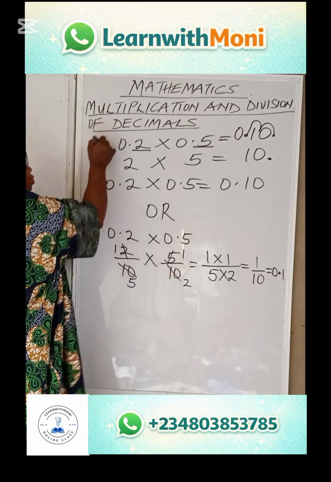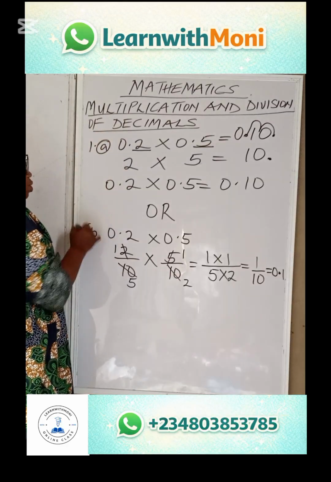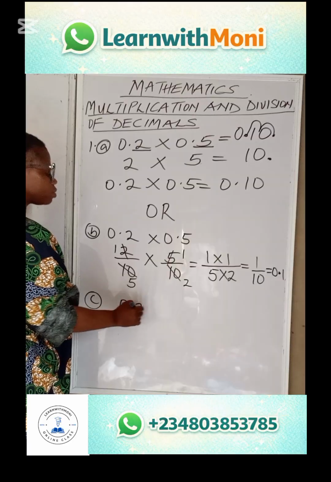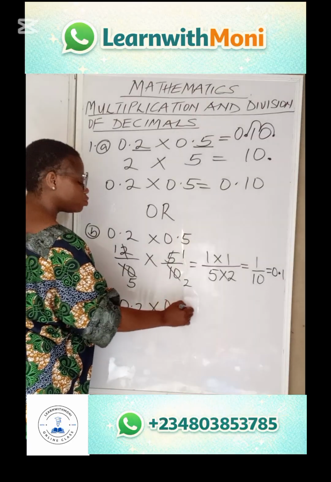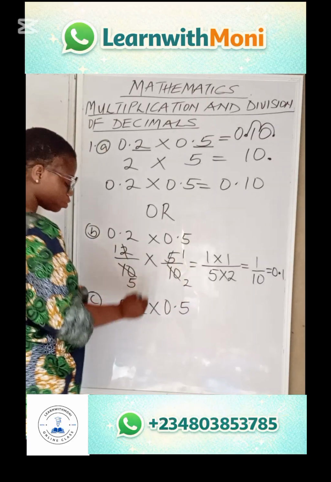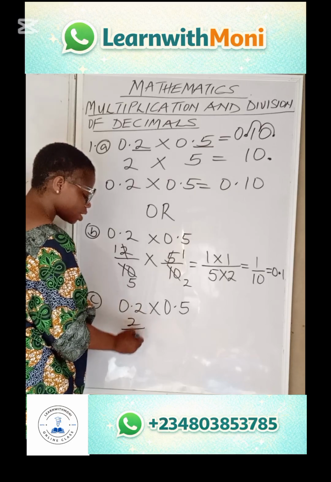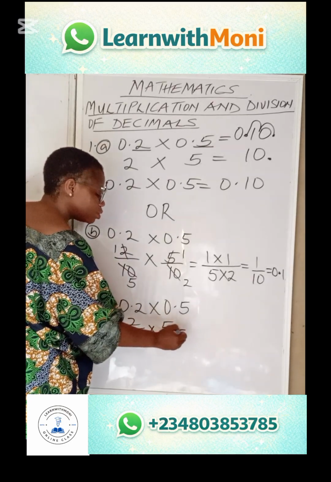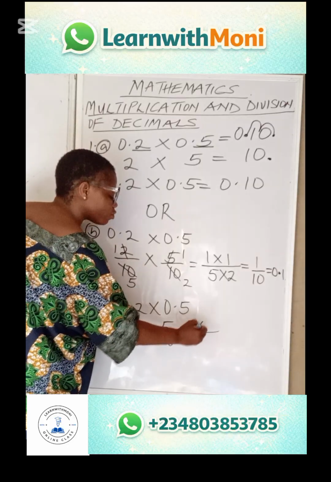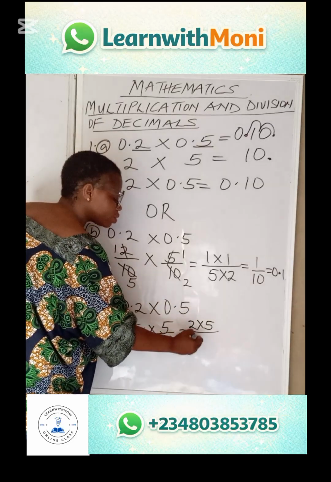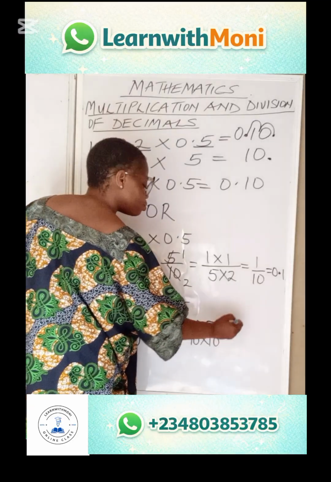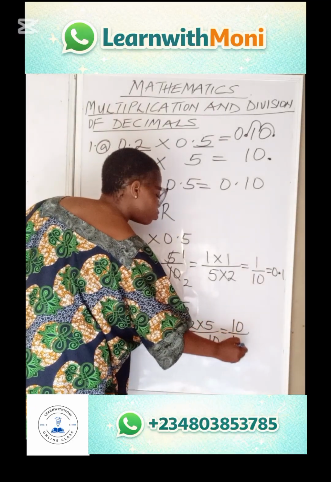Yet another way of doing it, let me call this A, call this B, and call this C. Another way of doing it is not to divide numerator by denominator, just leaving the 2 over 10 as 2 over 10 and 5 over 10 as 5 over 10. So over here I have 2 times 5 over 10 times 10. 2 times 5 is 10, and 10 times 10 is 100.